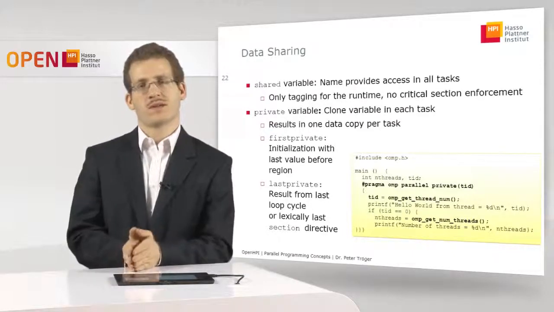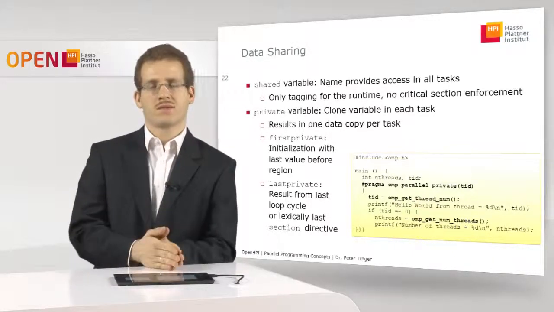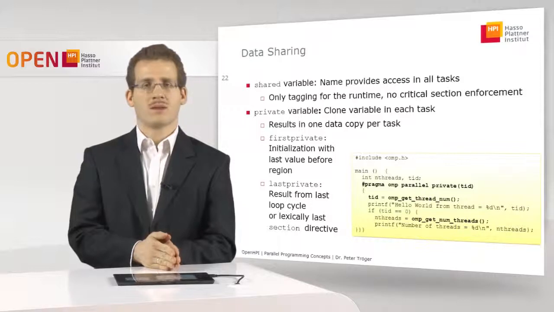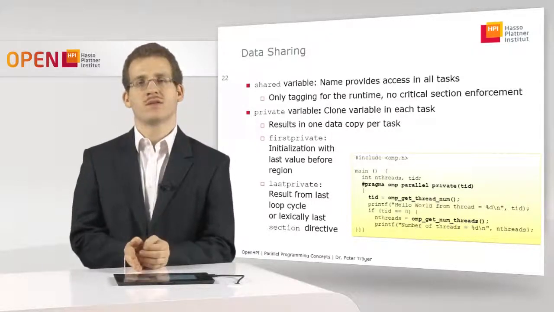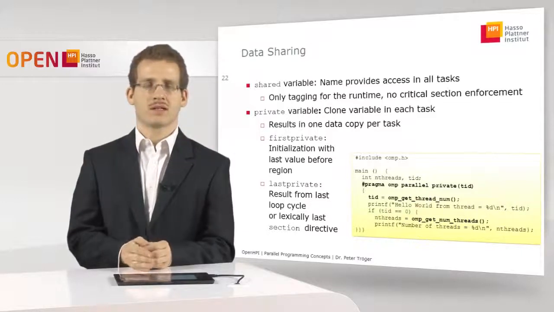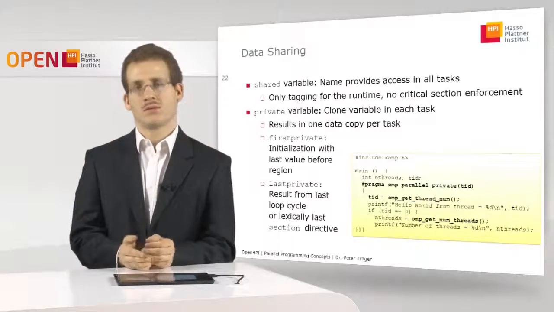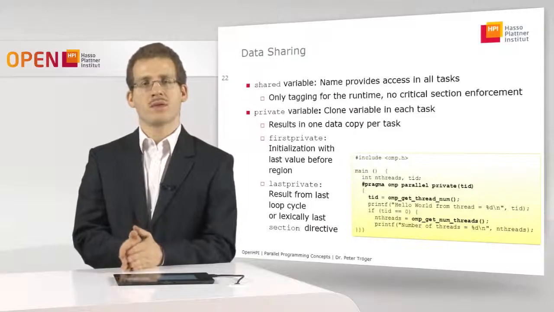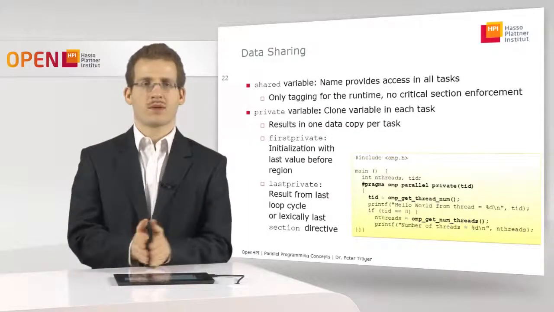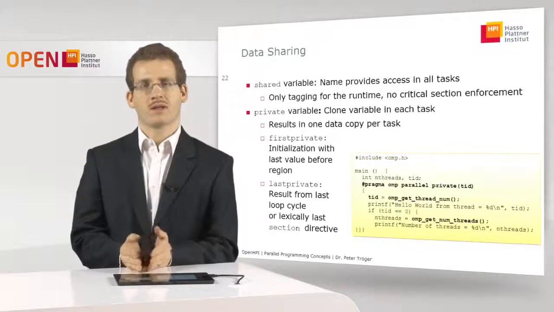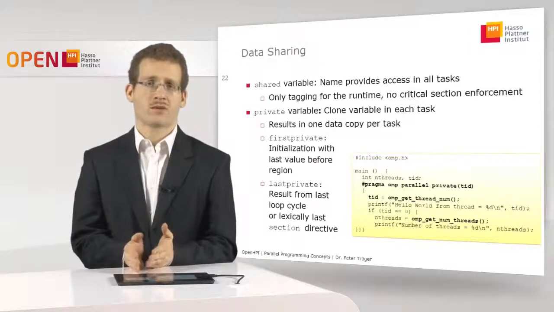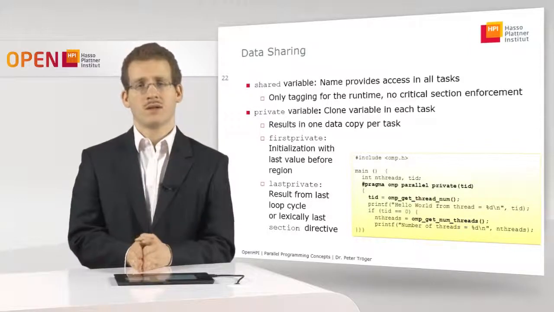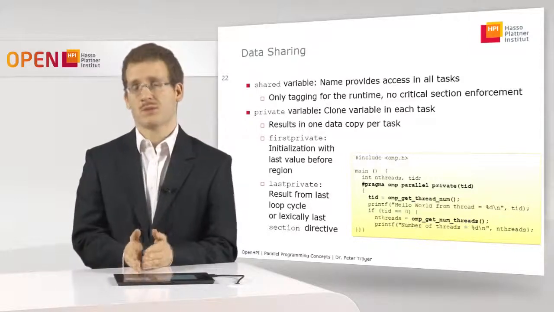The more interesting variation is the private variables part, where you tell OpenMP that a particular variable should be copied into each of the tasks. So you basically expect the runtime or the compiler to clone the variable into the different tasks in the parallel region. And this allows you to work with local data. This private variable then could, for example, live in the cache implicitly, which brings you more performance.